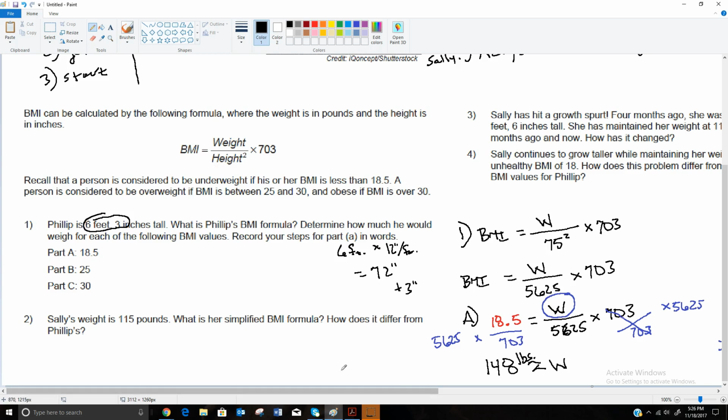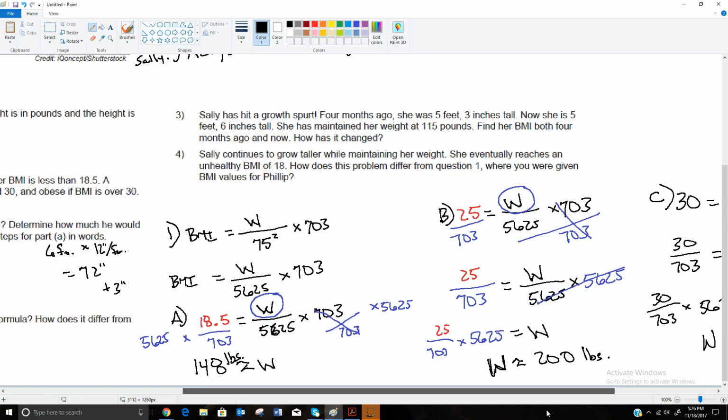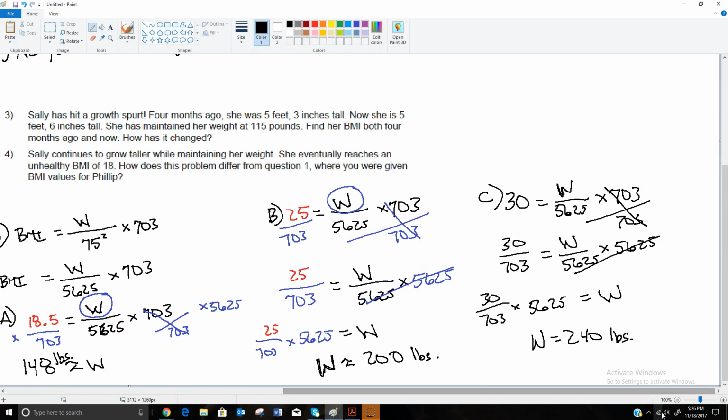So her simplified formula is going to be BMI equals her weight of 115 over whatever her height is squared times 703. Again, I could multiply these two numbers and just get one number, but I think I'll leave it separate because I think it's a little easier to see.